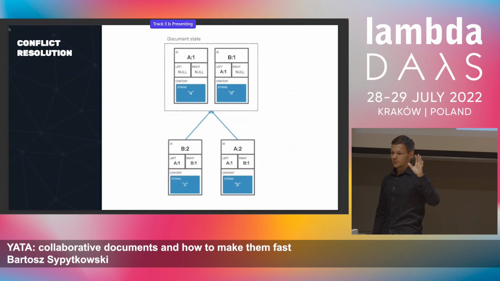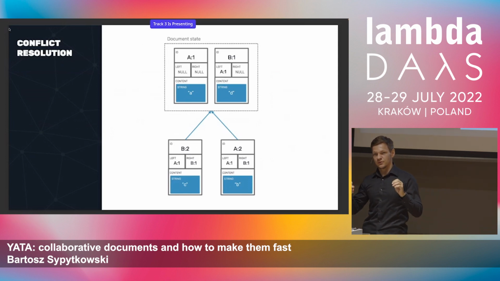So this is basically the idea. And on the top, you can see the current state of the document, which is basically A and D. This is our string, and we want to insert something. The thing is that we have two peers trying to insert different letters at the same position. And those inserts are what we were providing in the method signature before. So one peer, B, created an insert B2.